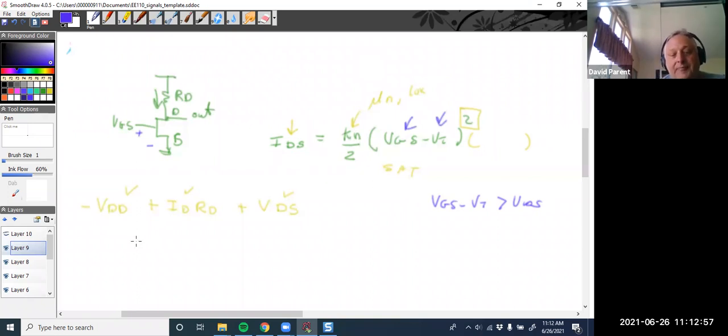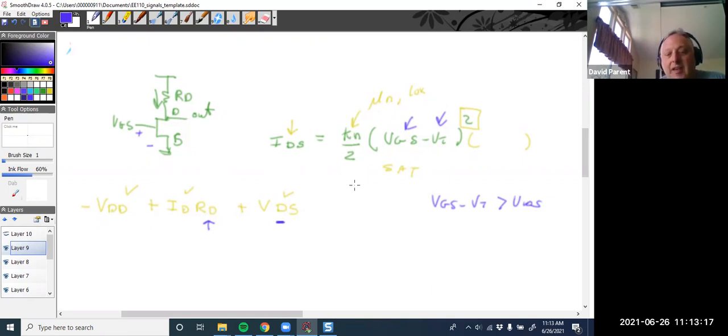So now what you can do is solve for RD to make sure that VDS is right. Or if you assume an RD, then you can check if that is right, all right?